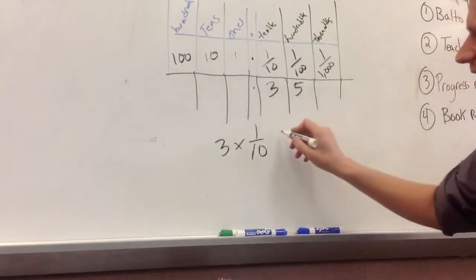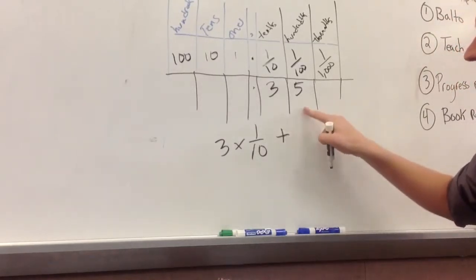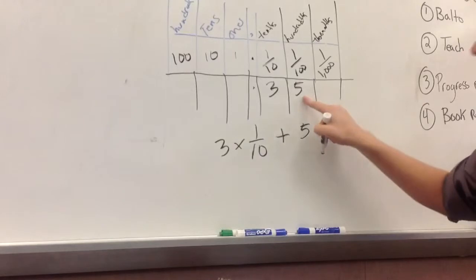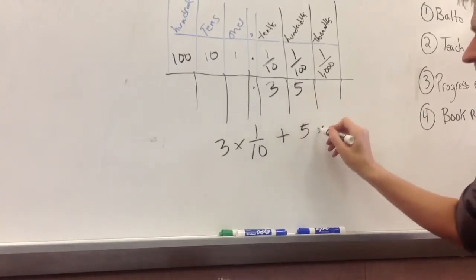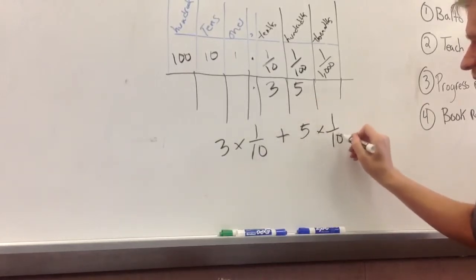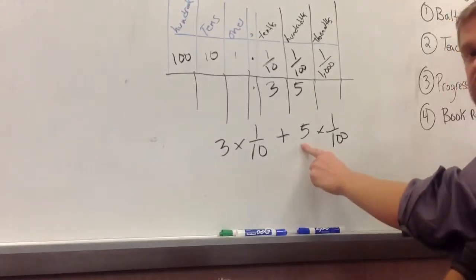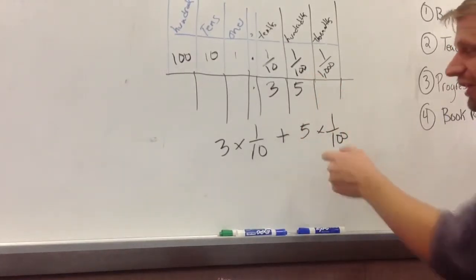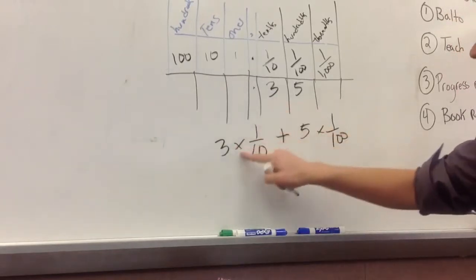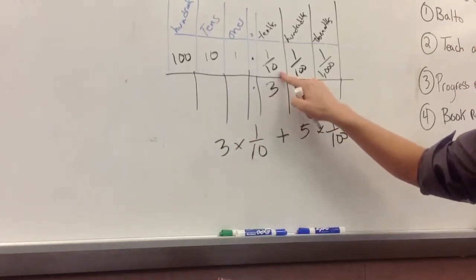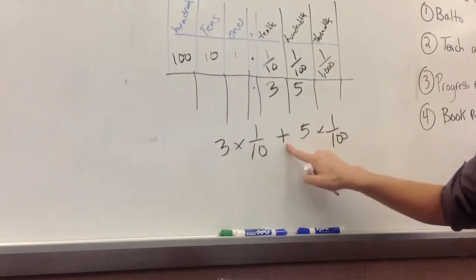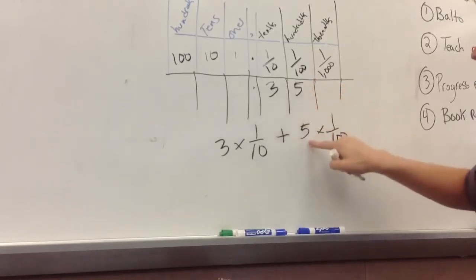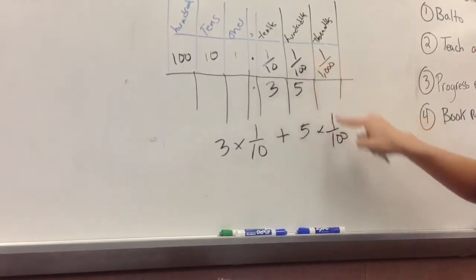Then you're going to add to that 5, because the 5 is the next number, it's in the hundredths place, times 1 over 100. 5 times its place value, which is 1 over 100. So that's all you're doing. You take the 3, you multiply it by the place value it's in, 1/10. Then you put plus, because you're adding 5 times the place value it's in, which is hundredths.